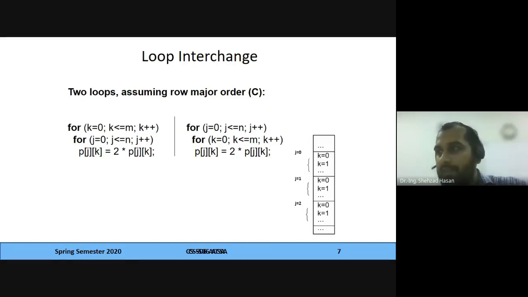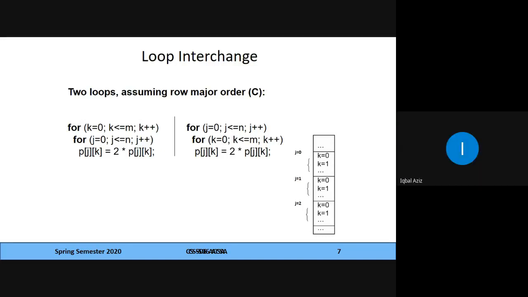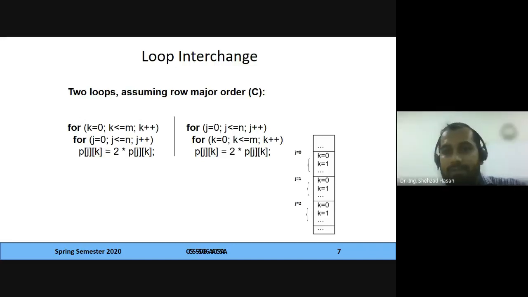Come on, quickly, please. Which of these two implementations do you think is better, or do you think that both are equal? Sir, I think both are equal. Is anyone else?